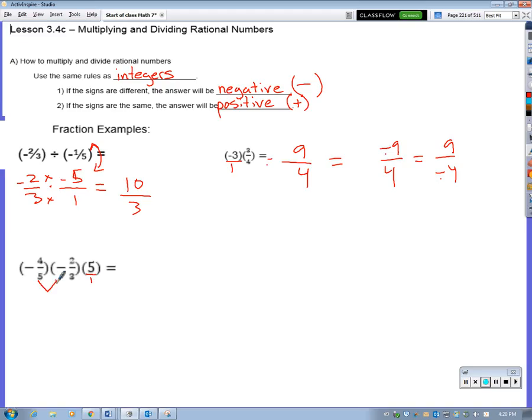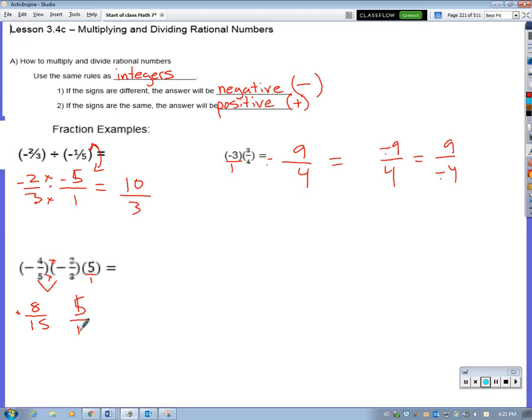So let's do that first. I've got 4/5 times 2/3. Multiply across the top, multiply across the bottom. That gives us 8/15. And I've got 2 negative signs, so they're going to cancel each other out, and that becomes positive, right? I'm going to drop down my 5/1.